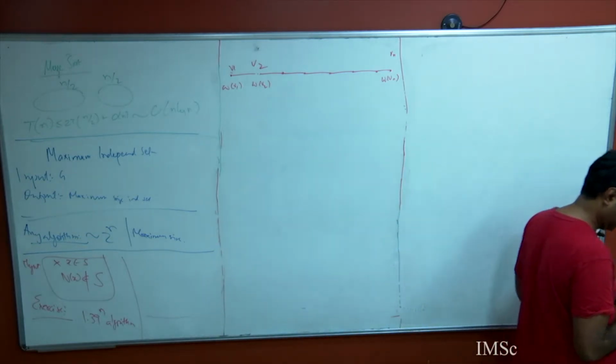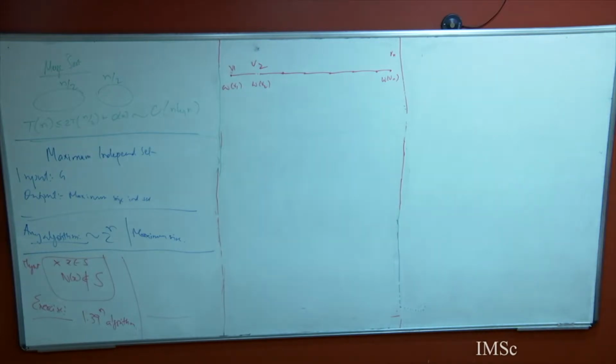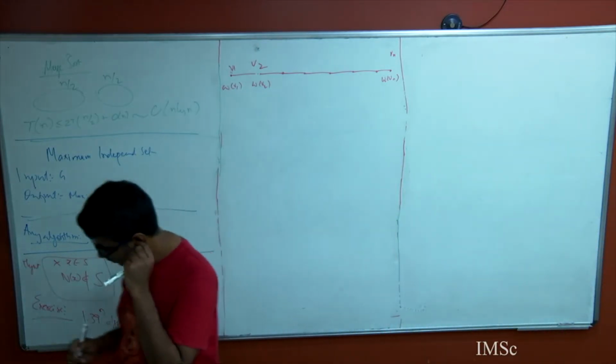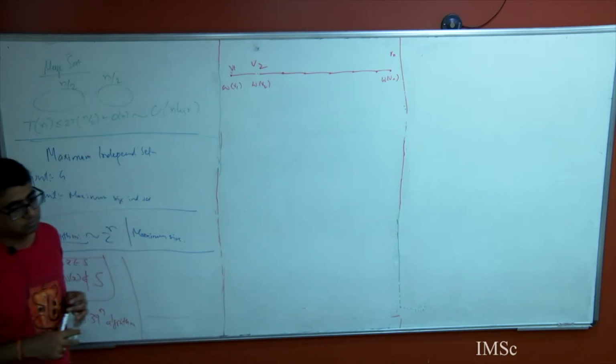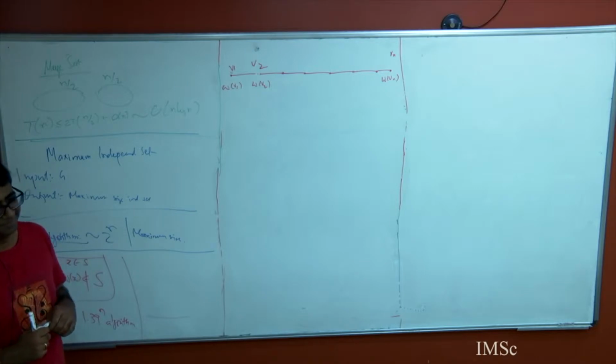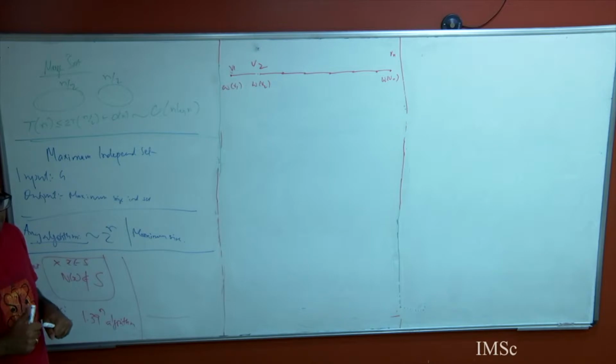Why did that not work? We are looking for max weight or max size? Max weight. Yes. So the greedy approach will not work there because it does not achieve the optimum. Can you come up with a counterexample to your greedy choices?